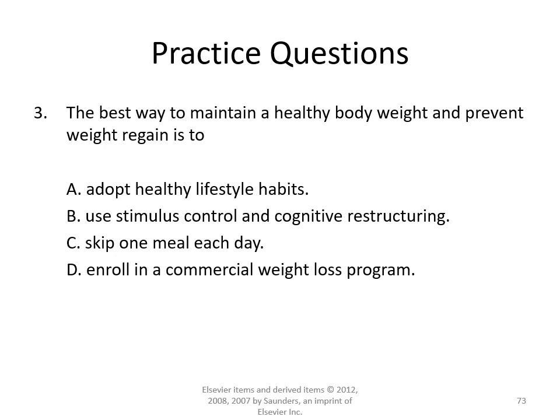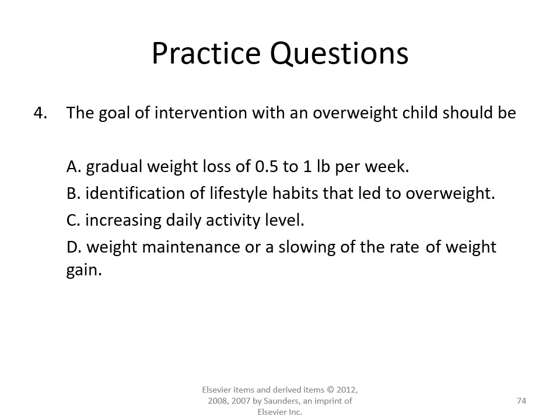Number 3, the best way to maintain a healthy body weight and prevent weight regain is to, and this is answer choice A, adopt healthy lifestyle habits. Number 4, the goal of intervention with an overweight child should be, and this is answer choice D, weight maintenance or a slowing of the rate of weight gain.